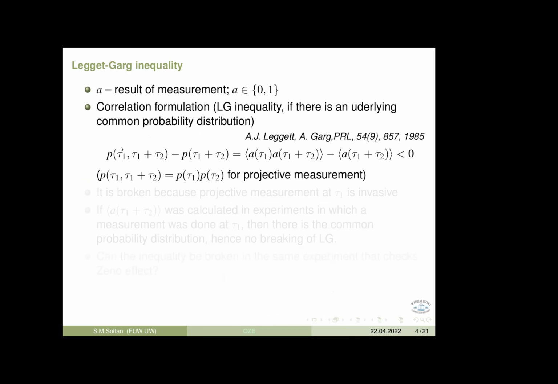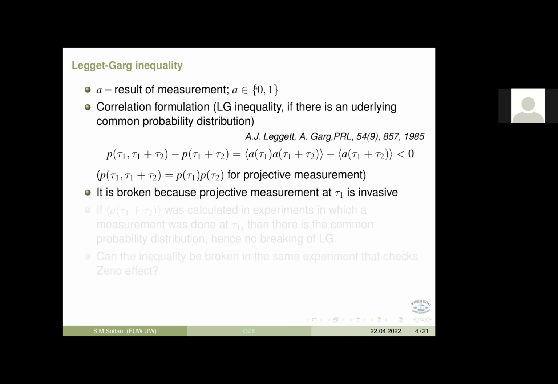If we reformulate this inequality from the previous slide in the form of expectation values, where the letter A denotes the result of a measurement, either 0 if the system is not in its initial state, or 1 if it is in its initial state, then we obtain the general inequality of this sort. And obviously it is broken, at least for short times, because the projective measurement at t1 is invasive.